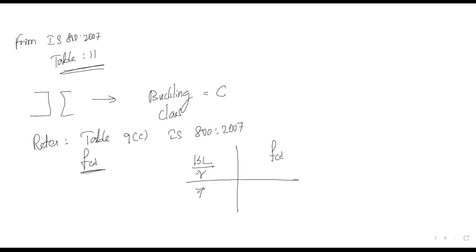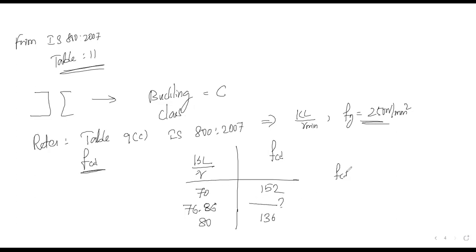We need KL by R minimum as well as Fy value, 250 Newton per mm squared, from the table. So 70 and 80. For the value of 70, we have FCD value 152. Similarly, for the value of 80, we have 136. Then what about the value for 76.86?